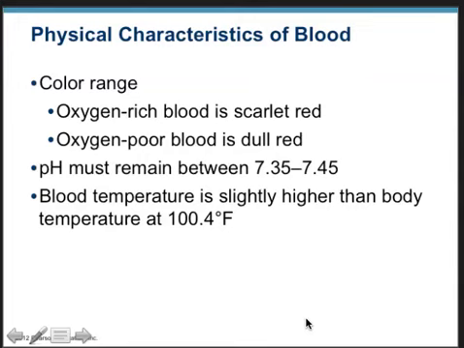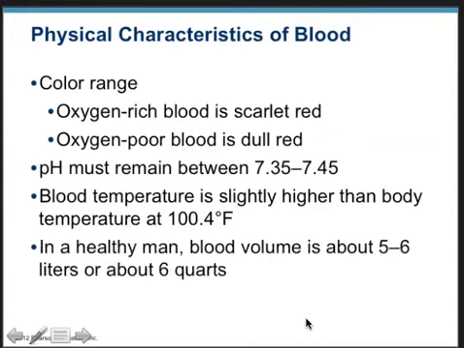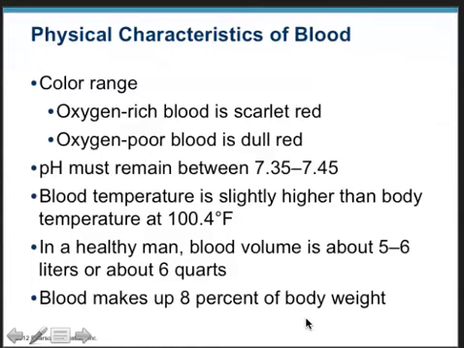Again, if we get too far outside that range, enzymatic reactions will shut down, membrane potential will cease or be changed significantly, and that can result in death. Blood temperature is slightly higher than body temperature, at about 100.4 degrees Fahrenheit. In a healthy man, the blood volume is about 6 quarts, and blood makes up about 8% of your total body weight.